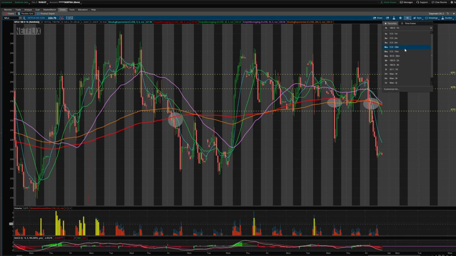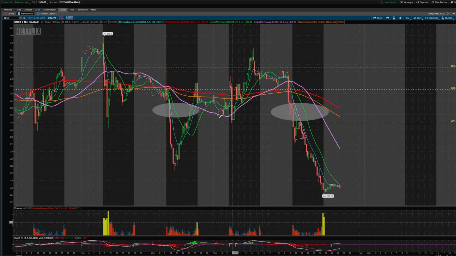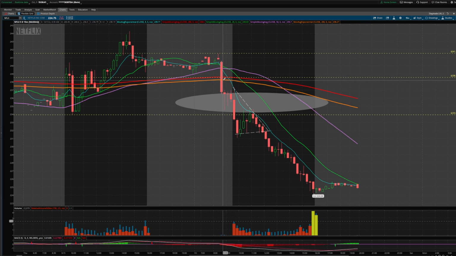So let's go into our 15-minute chart. We can see that off the bat, we had SPY and QQQ bearish. We had that bearish news. Then Netflix was under the 50, under the 200, the 20, under the 9. The entry point was right when Netflix had a nice 15-minute candle close under the previous day low.